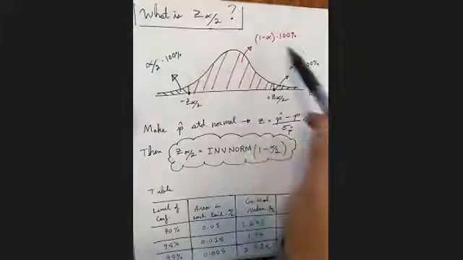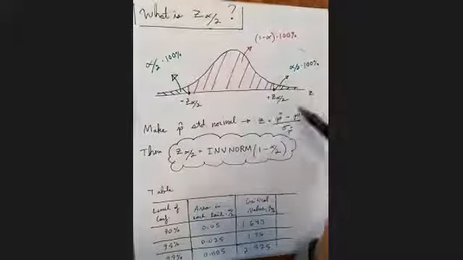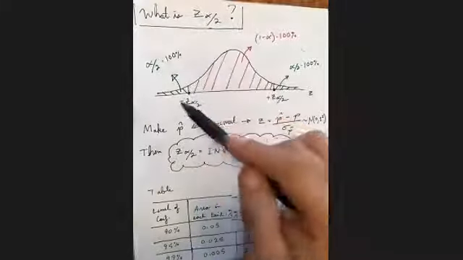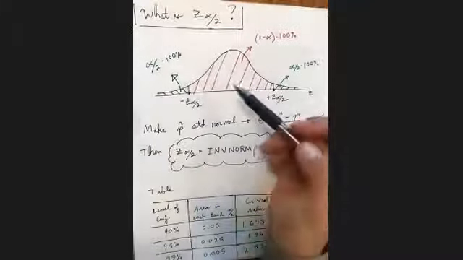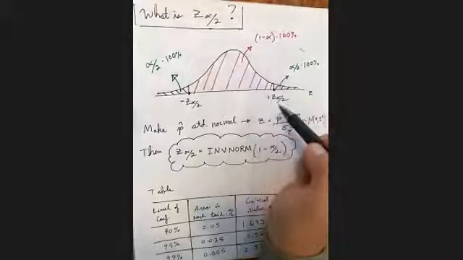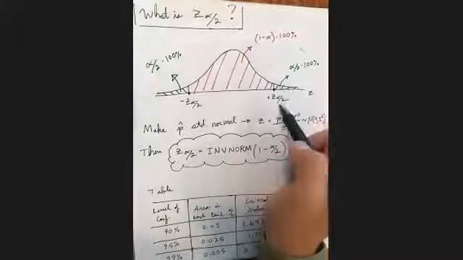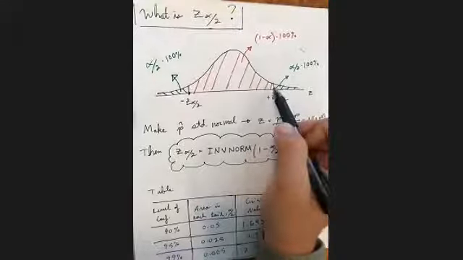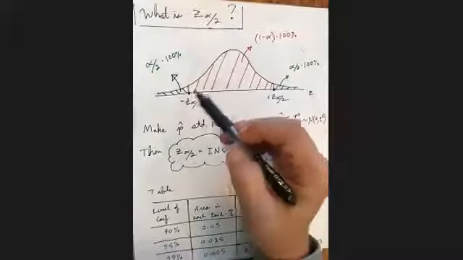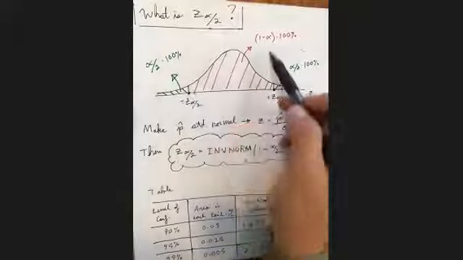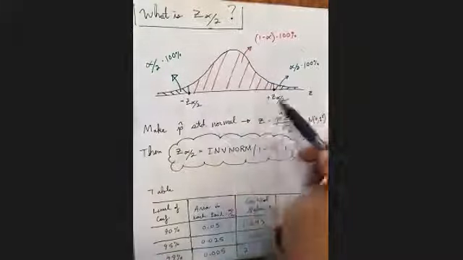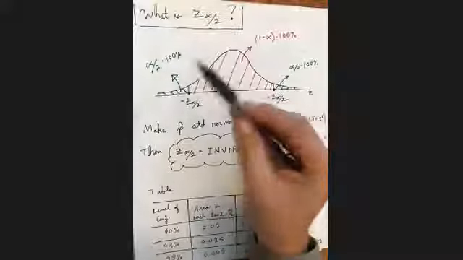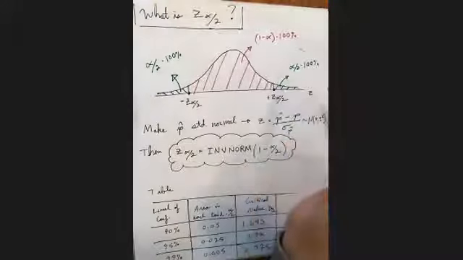And if we look at the bell curve for the standard normal, then the Z alpha over 2 value is the Z-score for the value such that below Z alpha over 2 and above minus Z alpha over 2, the area between those two values is exactly equal to your confidence level.